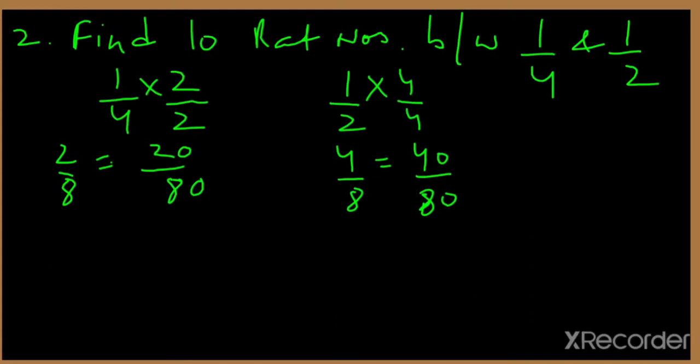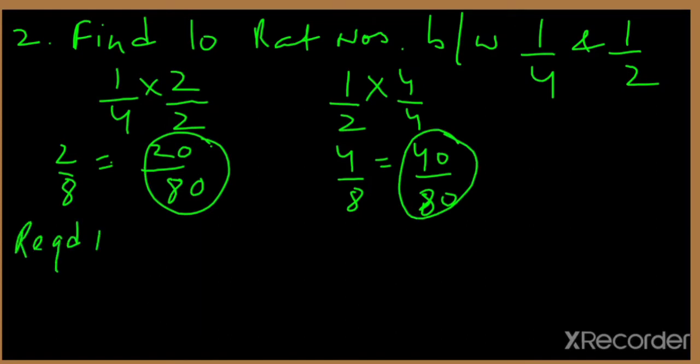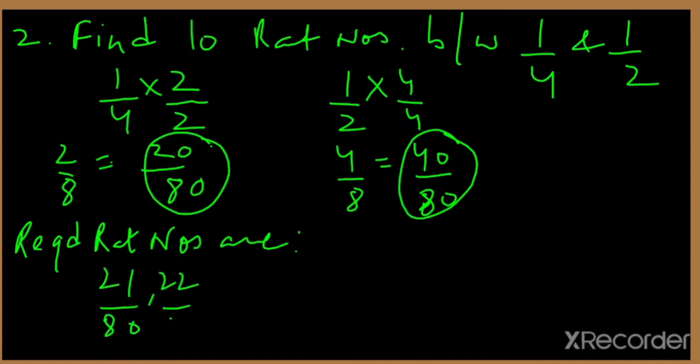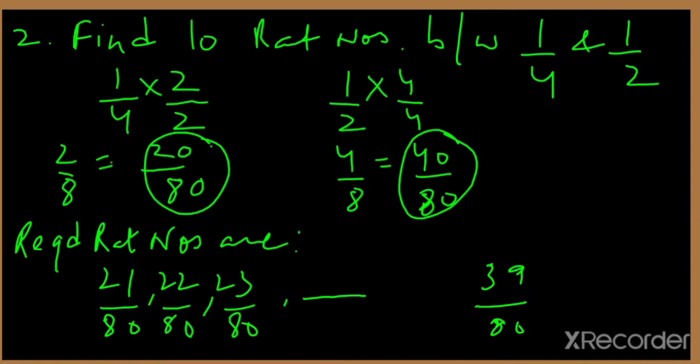Now, between 20 by 80 and 40 by 80, can we find 10 rational numbers? The required rational numbers are, you can write any 10 out of these, starting from 21 by 80, 22 by 80, 23 by 80, and so on up to 39 by 80. So this is how we can find as many rational numbers as we want.